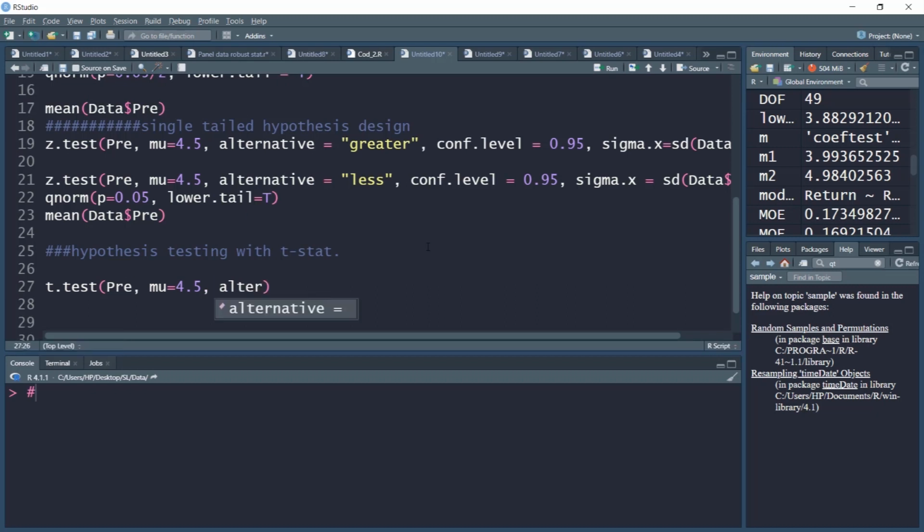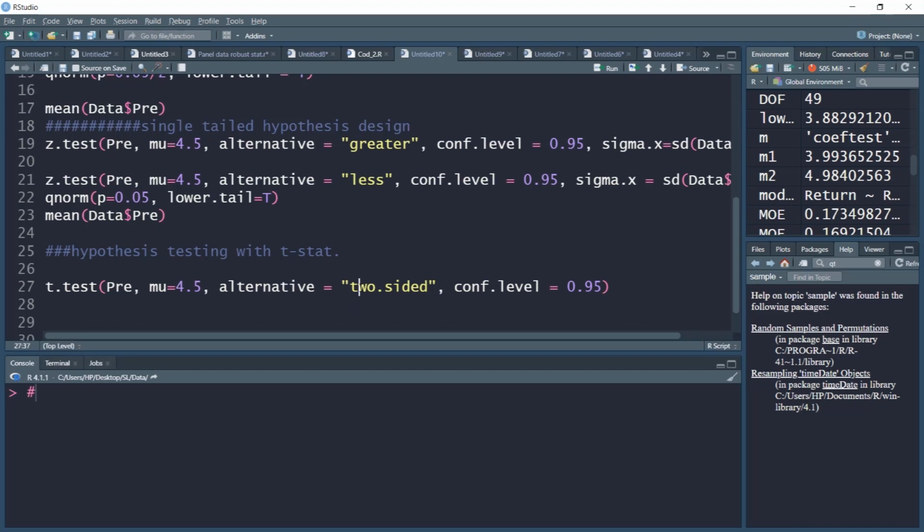We'll provide the alternative, which is two-sided. That means we are conducting a two-tailed test. We'll provide the confidence level as 0.95, which means a significance level of 5%. Also, please notice we have not provided any argument regarding the standard deviation of the population, because the assumption here is that the standard deviation of the population is not known to us.